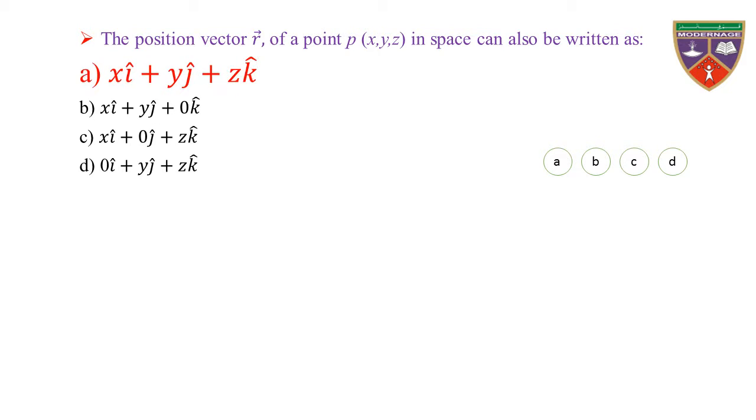The key is x i unit vector plus y j unit vector plus z k unit vector. Therefore, the correct option is A.